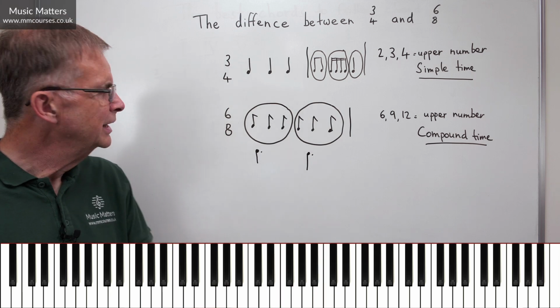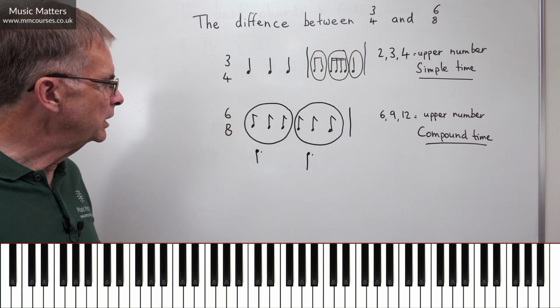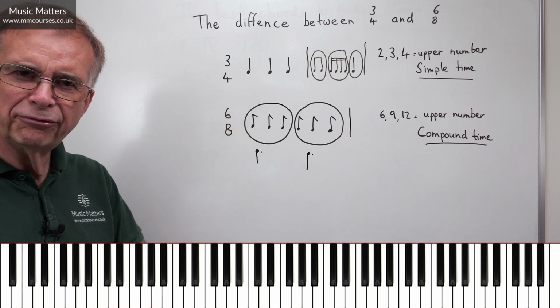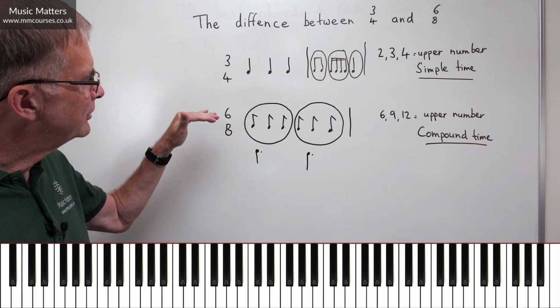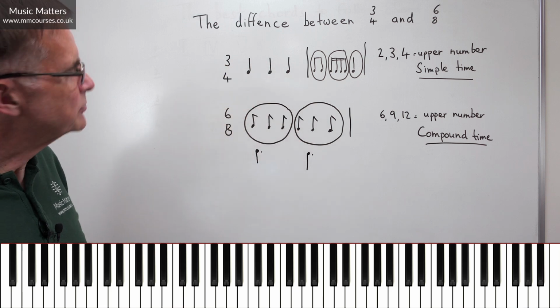Do you see what I'm doing? I'm delivering those 6 quavers, those 6/8 notes in each bar, but I'm counting these 2 beats. Now it feels very different. Even though mathematically it's the same, actually it feels very different.